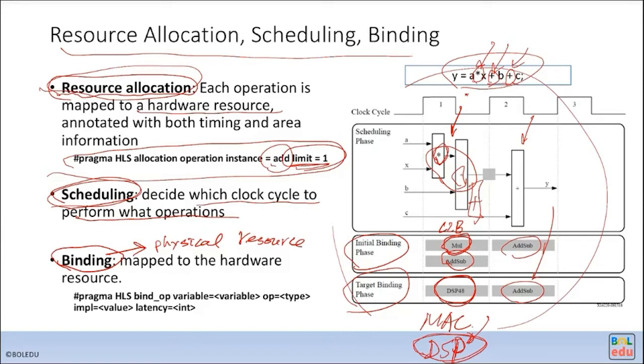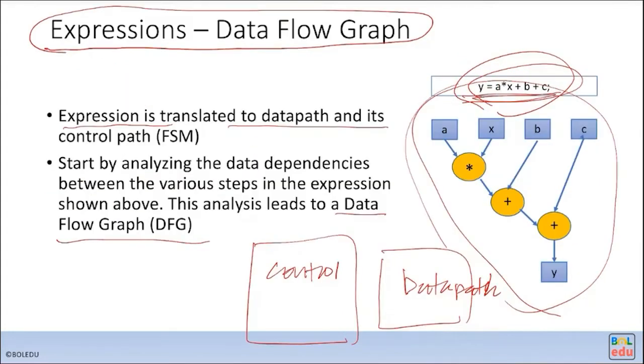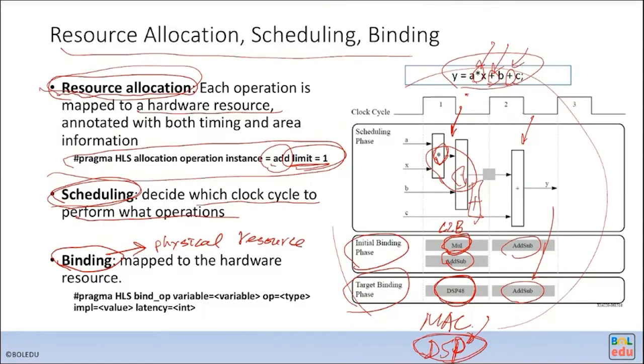Okay, so now you know the steps. First you have to draw the DFG, data flow graph, and then based on your resource allocation, in here I decide using only one adder. In this case, I do the scheduling, assign the operation in different cycles, and then I bind the actual hardware.